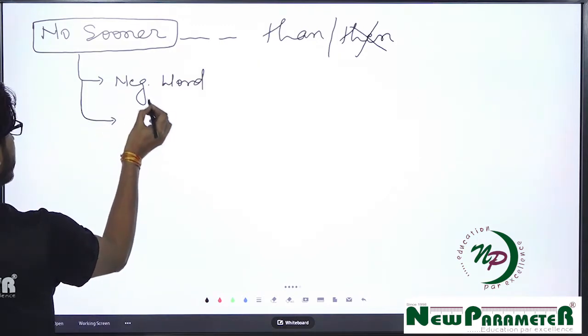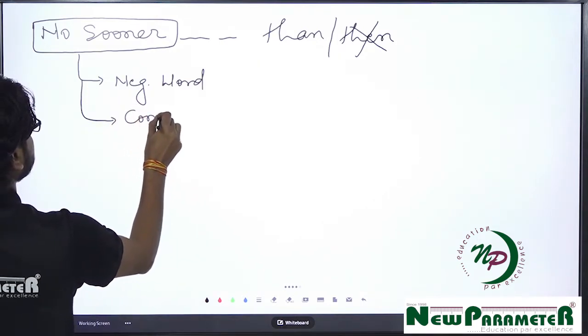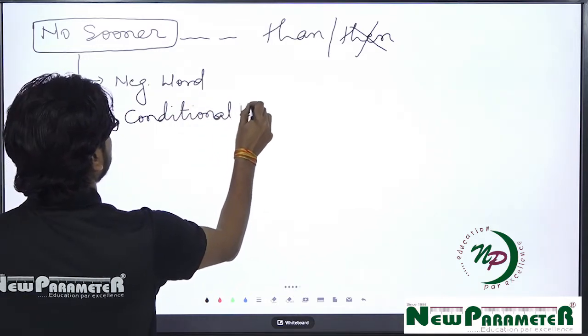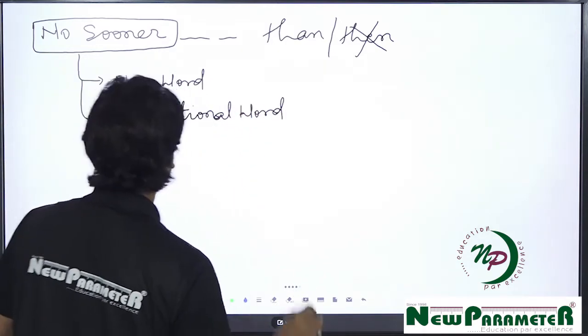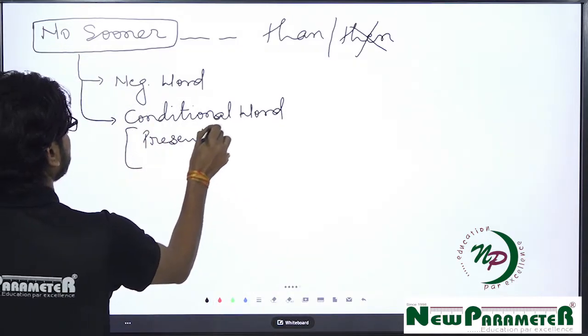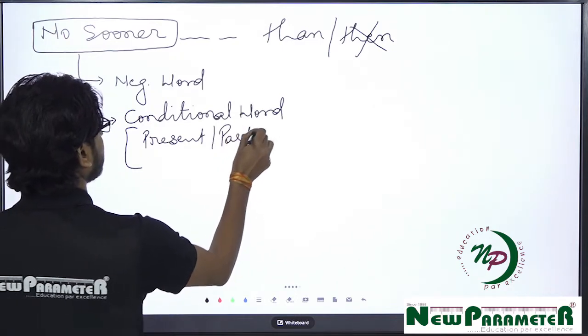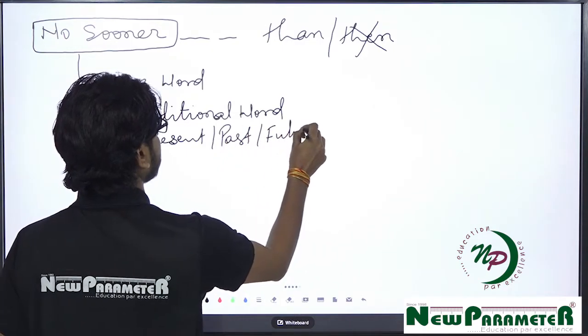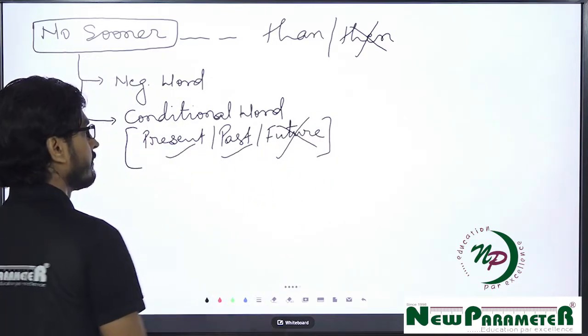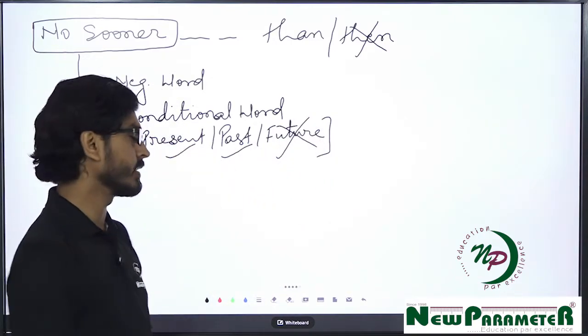Second point, this is once again a conditional word. Conditional word means what? We are allowed to use only present and past but not future tense. We are not allowed to use future tense. We are allowed to use only present and past tense.